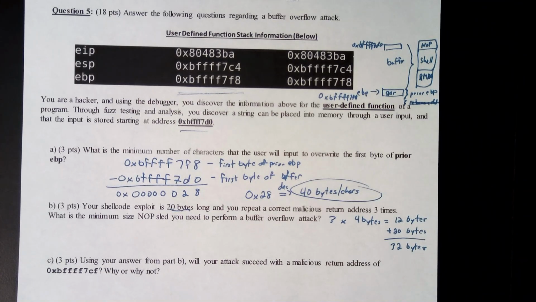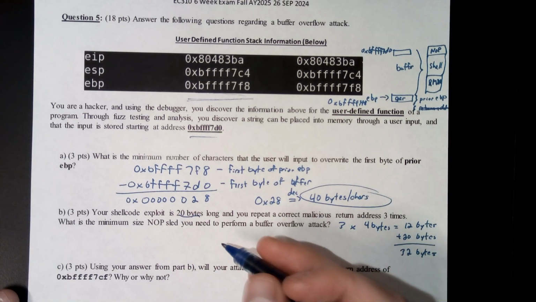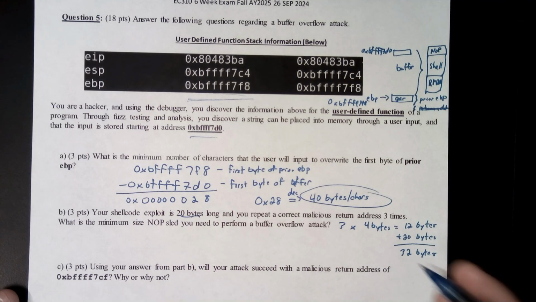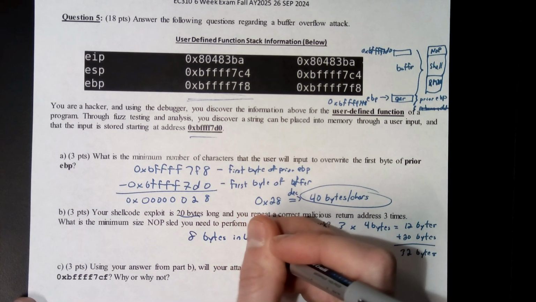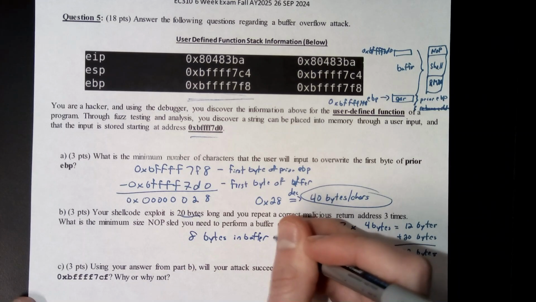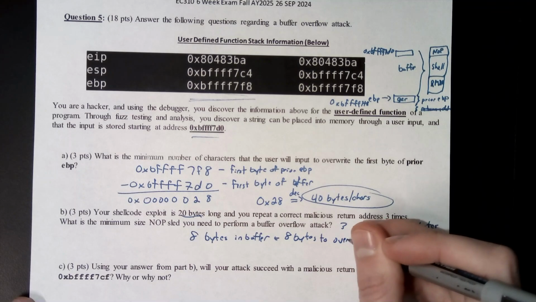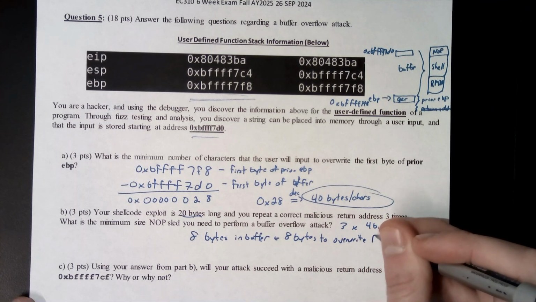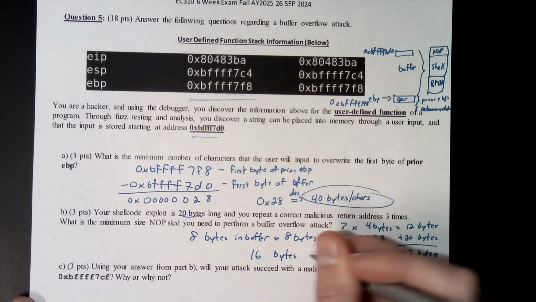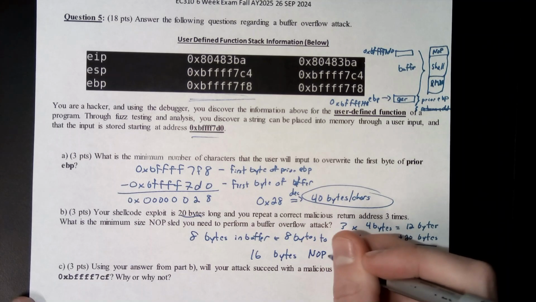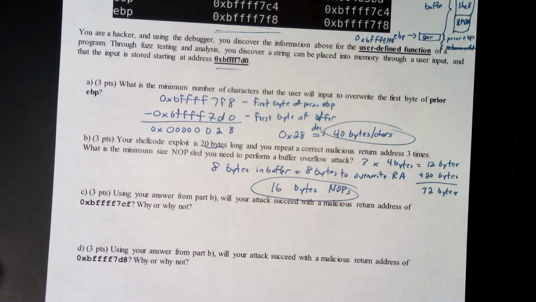That means we need the 32 bytes there plus the 8 bytes that we have left here. So 8 bytes in buffer plus 8 more bytes to overwrite the return address, and that gives us 16 bytes of no ops.